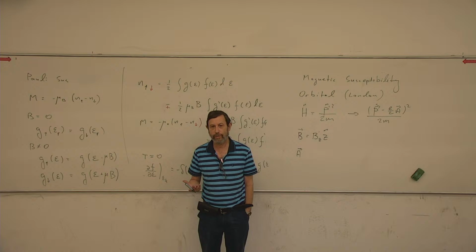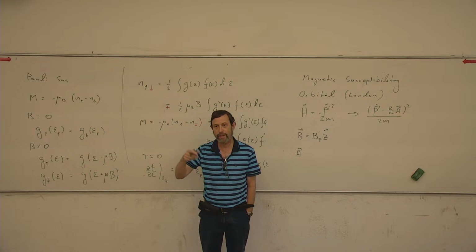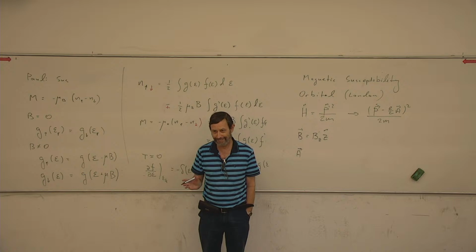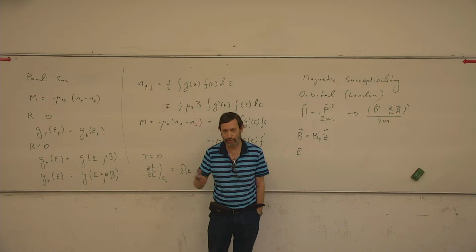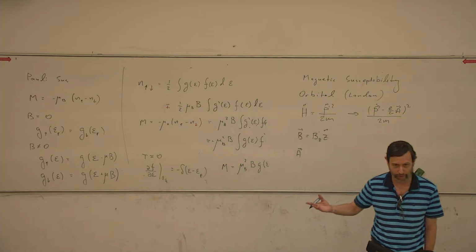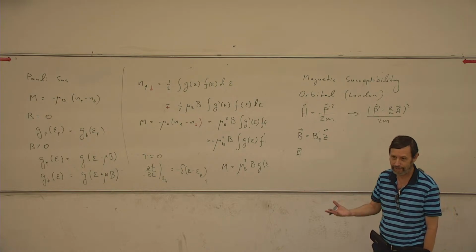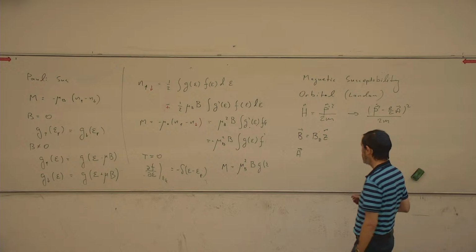The easiest way to see it: take, let's say, a free electron wave function and multiply it by a constant phase. Nothing happens. It's a different wave function if you write it down at every point, but it doesn't change any results. Same here.